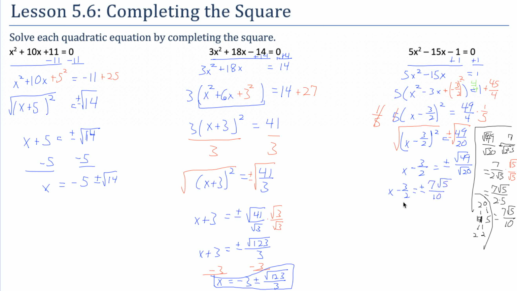And now I need to add 3 halves to both sides to solve for x. And we get down to our answer of x equals, we'd like to put the 3 halves first, so 3 halves plus or minus 7 root 5 over 10.